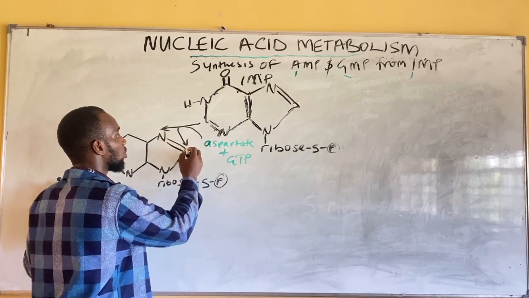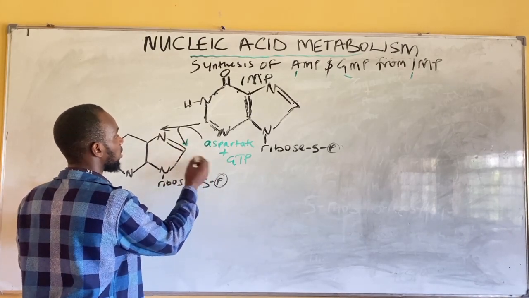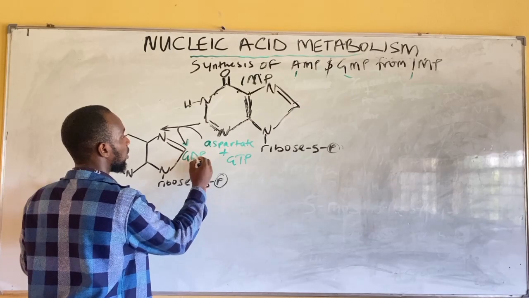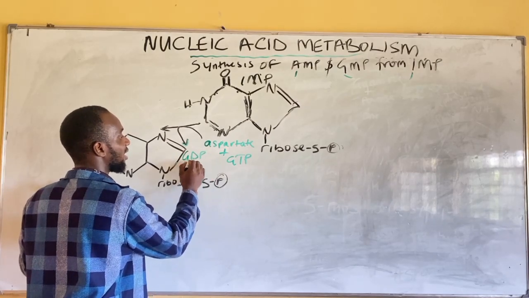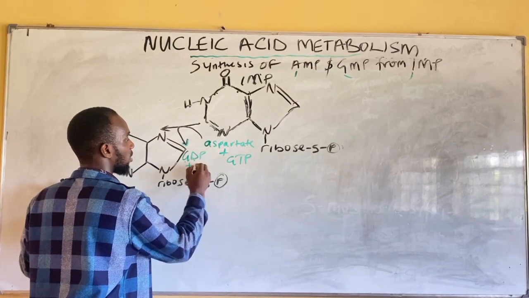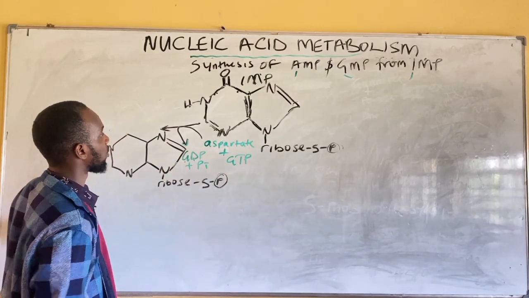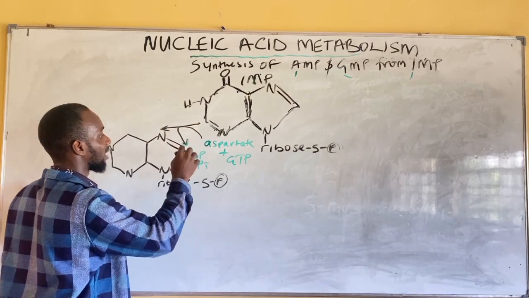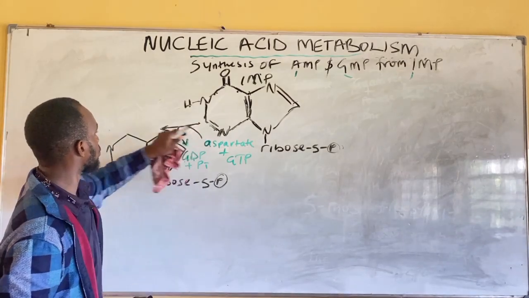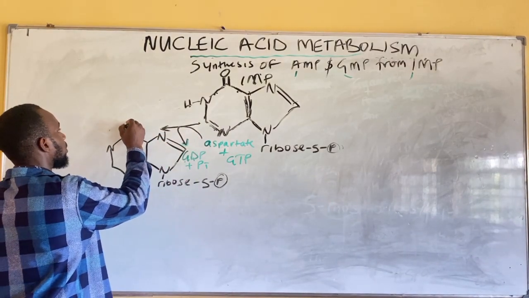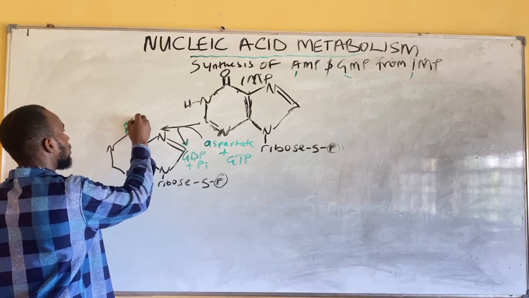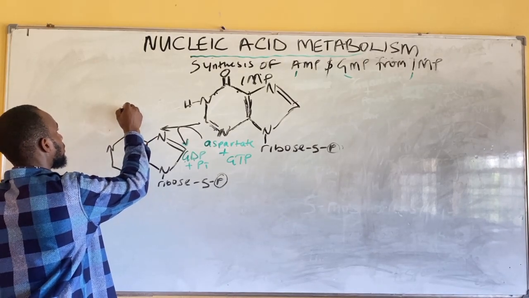What comes out is GDP, guanosine diphosphate, from guanosine triphosphate, plus the inorganic phosphate. So all this came out. Now the enzyme that will catalyze this, because aspartate will come in. See how aspartate comes in.